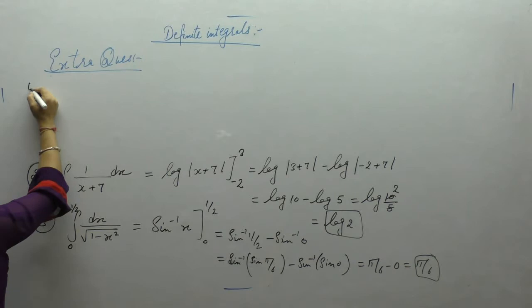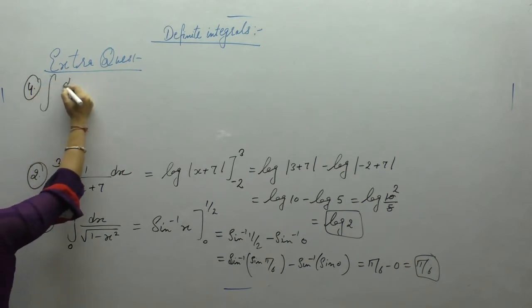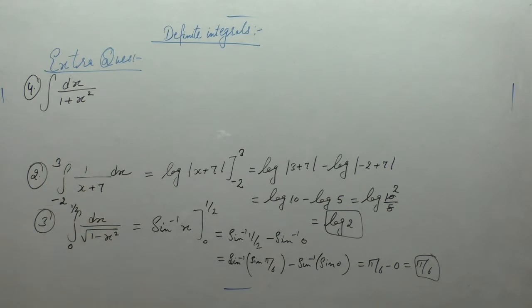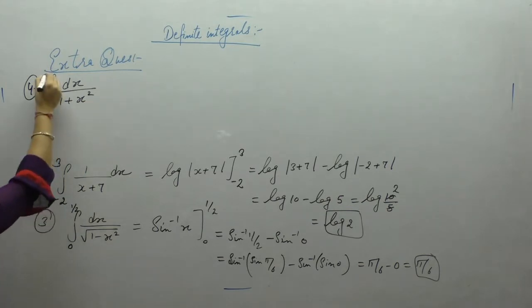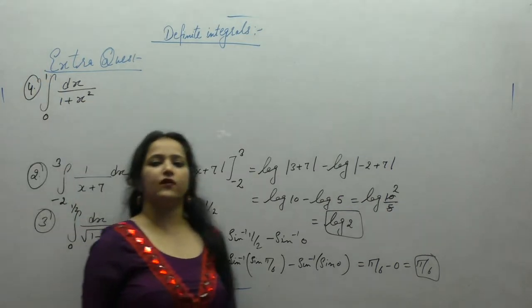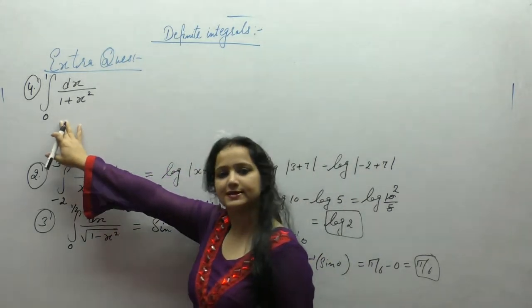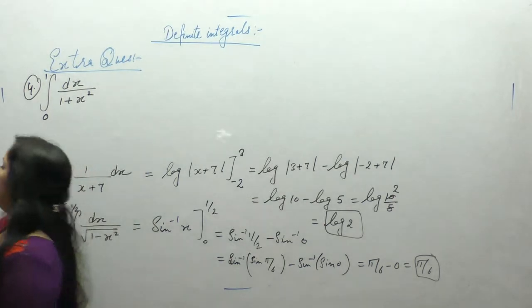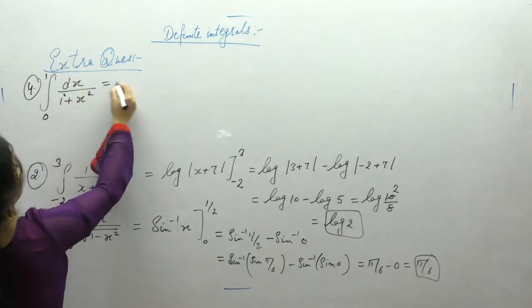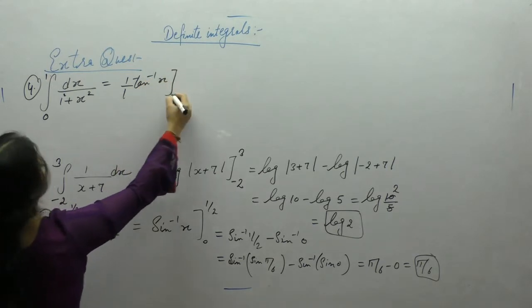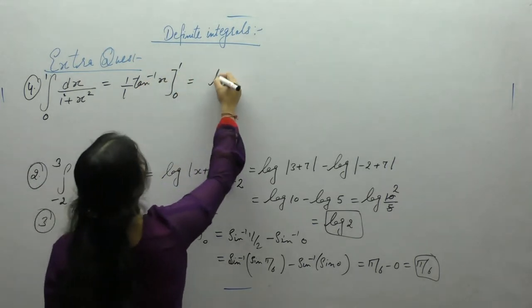Now the next one is integration of dx upon 1 plus x square and the limit goes from 0 to 1. Now what is the formula for integral of 1 upon x square plus a square? It is 1 upon a tan inverse x upon a. Limit 0 to 1.